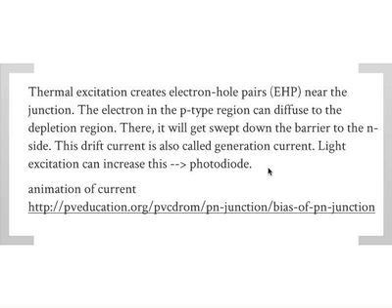If you have light coming in, you can increase the carrier generation here, and that will get swept across by the drift and create current. And this is a solar cell, right? A photodiode is a solar cell. It's mostly drift current.